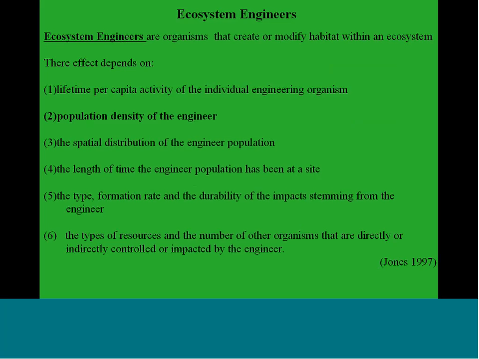So again, I just wanted to define ecosystem engineers, which was a concept come up with by Dr. Clive Jones from the Institute for Ecosystem Studies. These are organisms that create or modify habitat within an ecosystem.